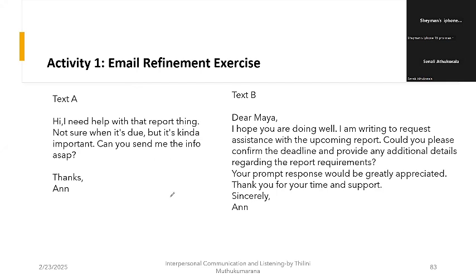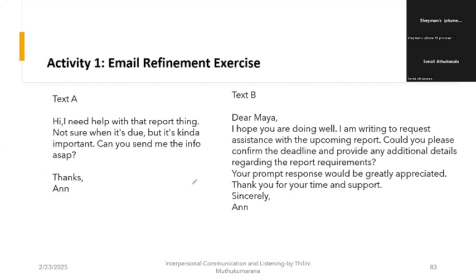By comparing these two, I can see that in text A, the receiver's name is not there, and more details are in text B, and the language is more polite. Comparing A and B, text B is more polite in language, more details are there, and the name of the receiver is also there. So it's better than A.